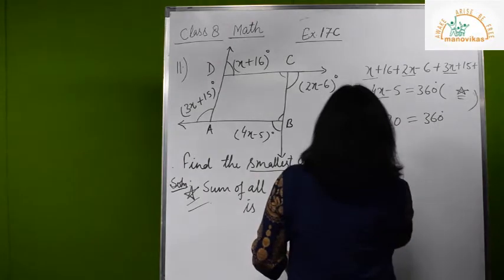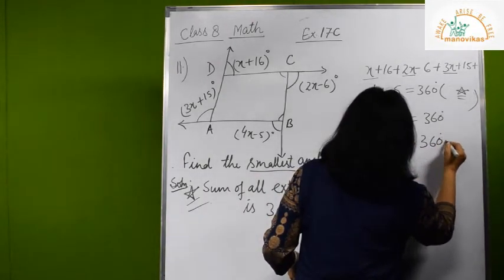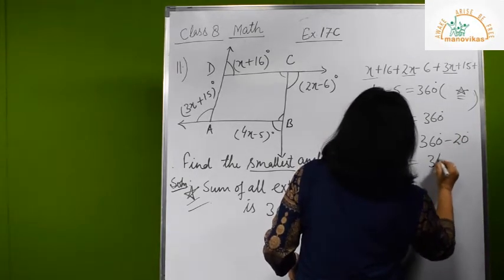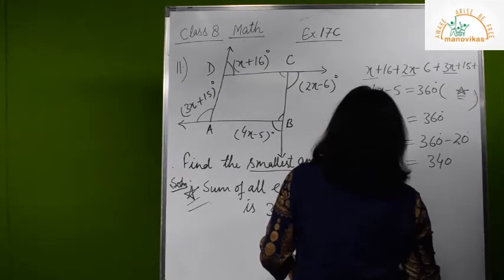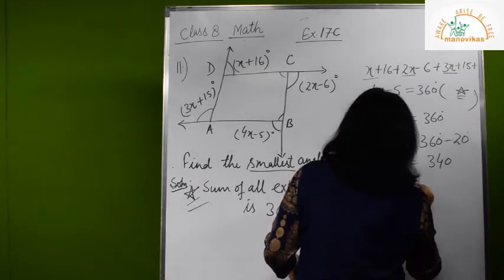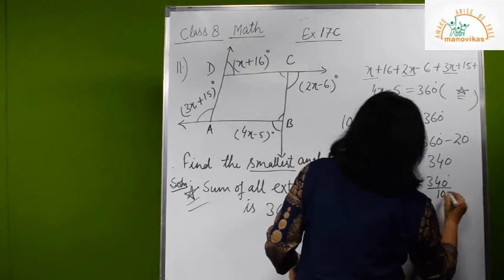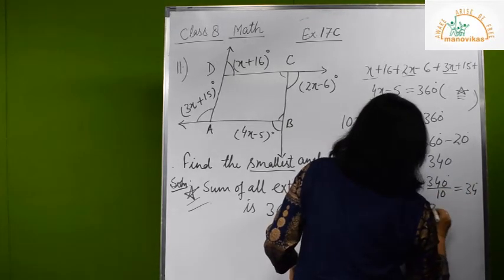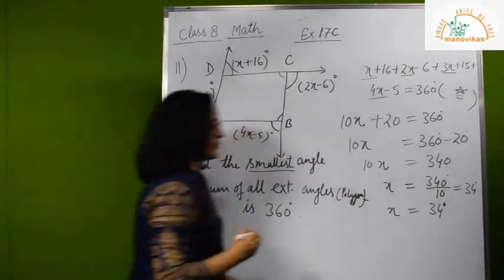Now you can transpose 20 degrees to the right-hand side. It is minus 20, so 360 minus 20 is 340. So 10x is equal to 340, so x is equal to 340 divided by 10, which is 34 degrees. So we have found the value of x as 34 degrees.